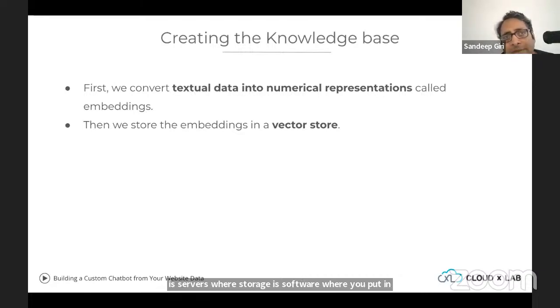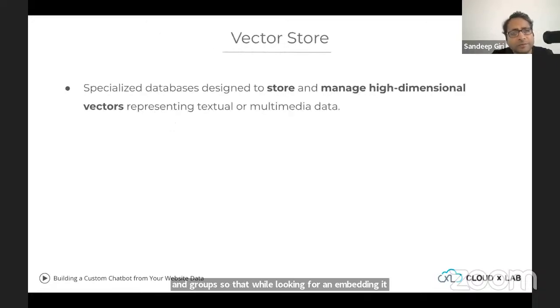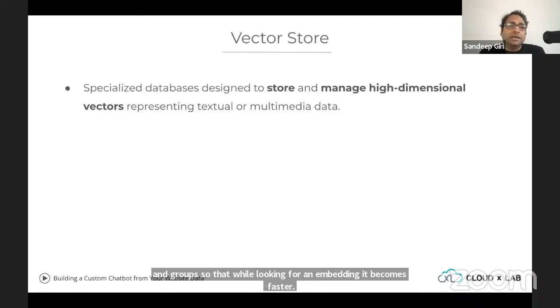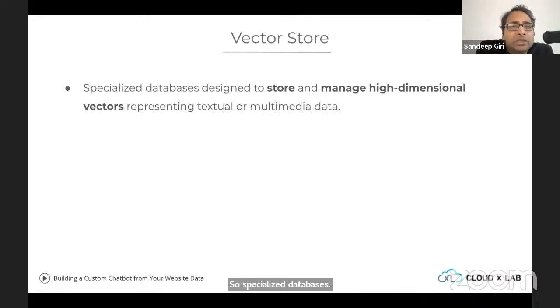Embeddings are a bunch of numbers, and it organizes them into some hierarchy, just like I described about country, states, city, and streets. Similarly, it breaks them down into groups and groups, so that looking for an embedding becomes faster. They are specialized databases designed to store and manage high-dimensional vectors representing textual or multimedia data.